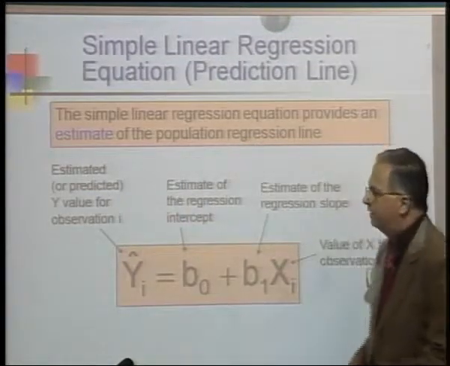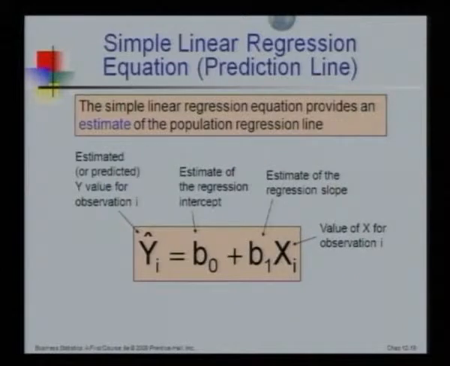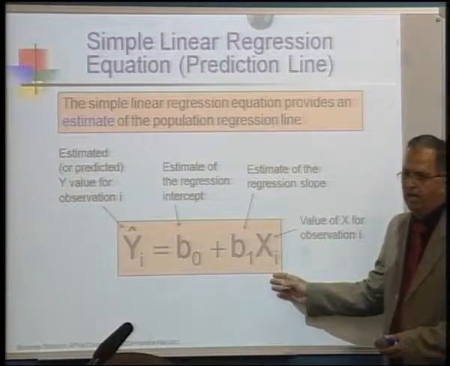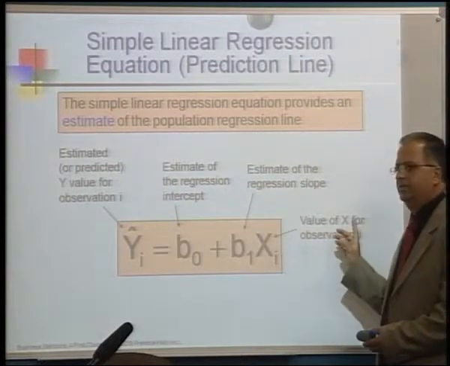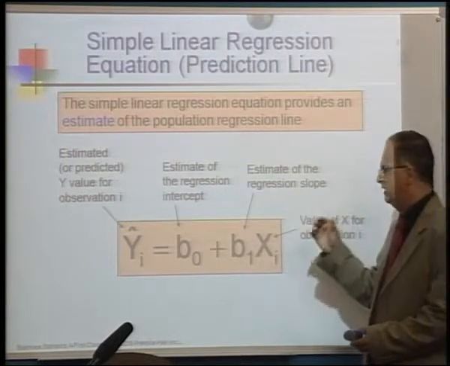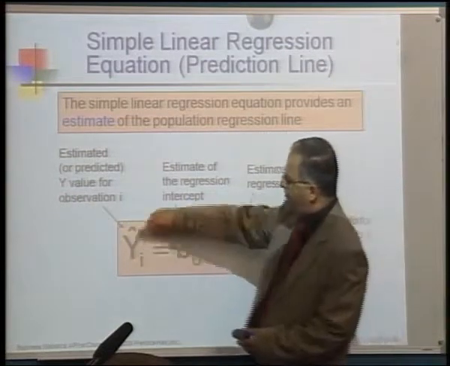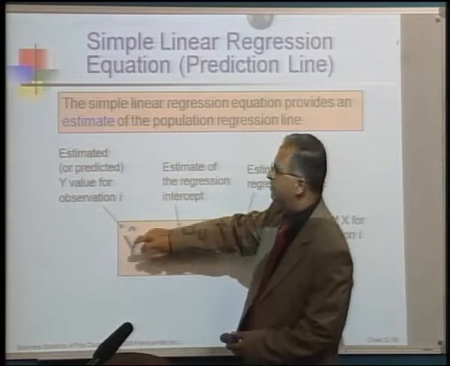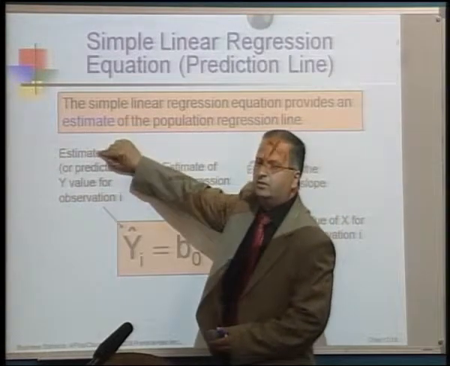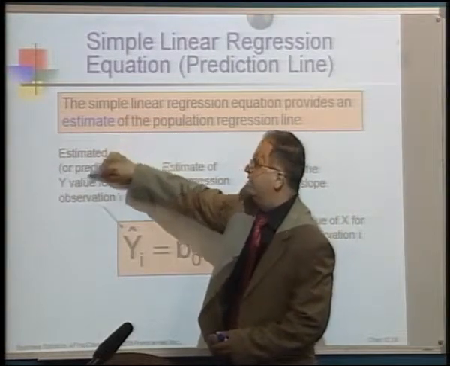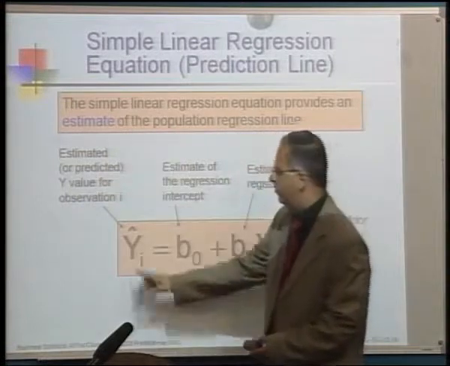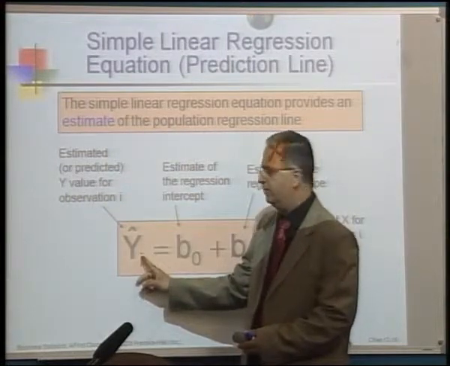The estimated regression equation is given by y hat equals b0 plus b1 x. As I mentioned before, the epsilon term is cancelled because the expected value for the epsilon equals 0. Here we have y hat instead of y because this is called the estimated or predicted value for y, for observation i, for example.